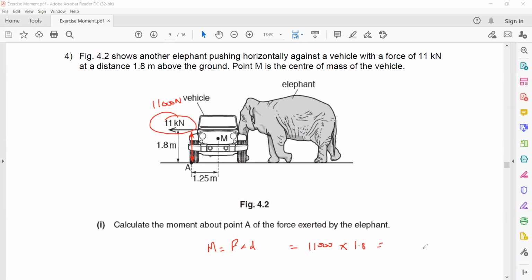So it will come out as 19,800 Newton meter. And what is the direction? That is anti-clockwise. Is it clear, the first part? Anyone having a doubt?